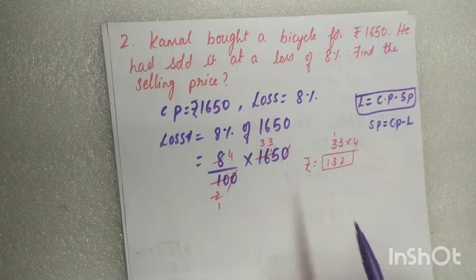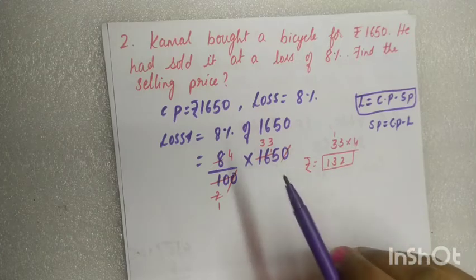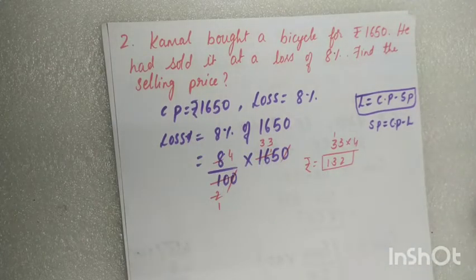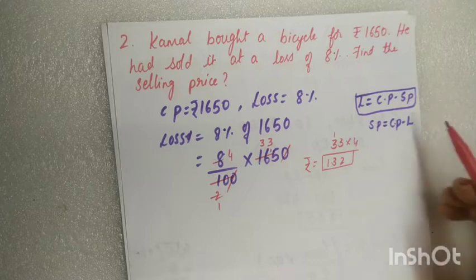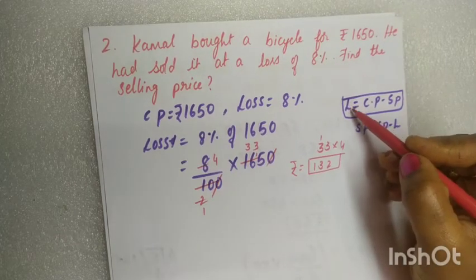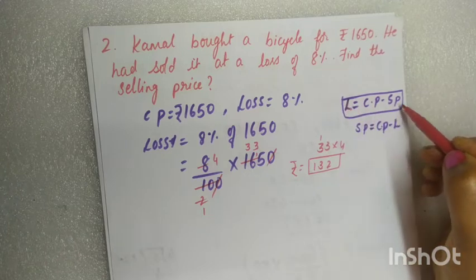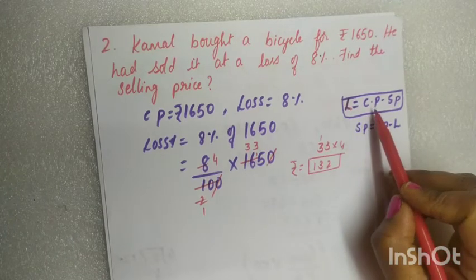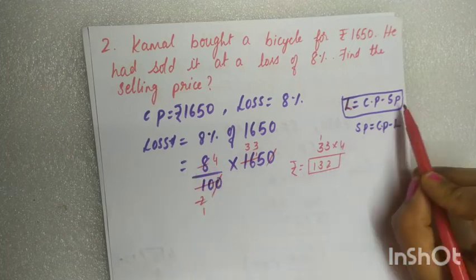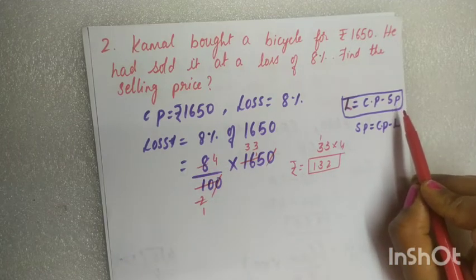Now we are supposed to find out the selling price. So from the given data, how do we find the selling price? We have the formula: loss is equal to cost price minus selling price. So we know the cost price and also we know the loss. We can easily find out the selling price.